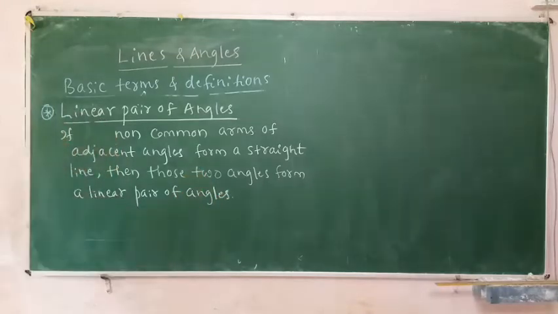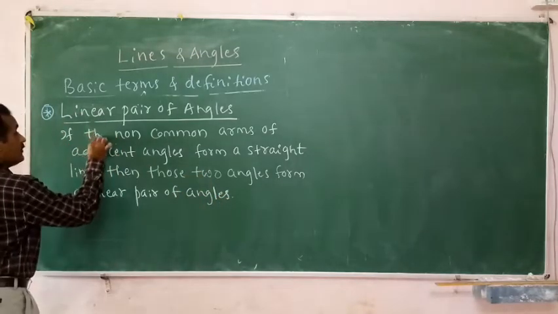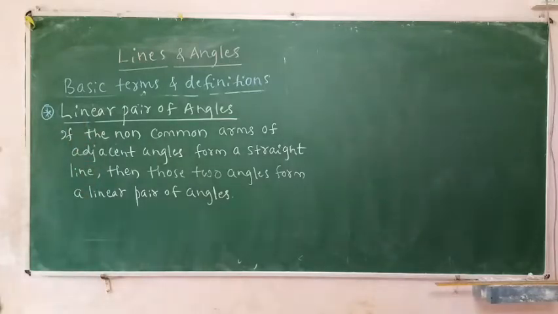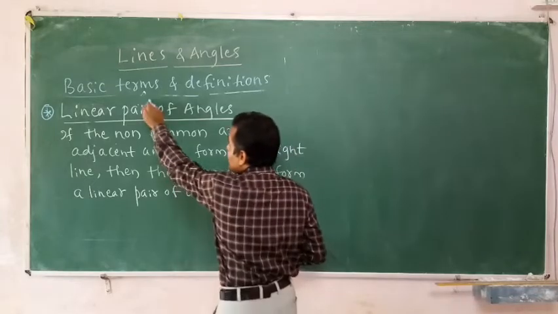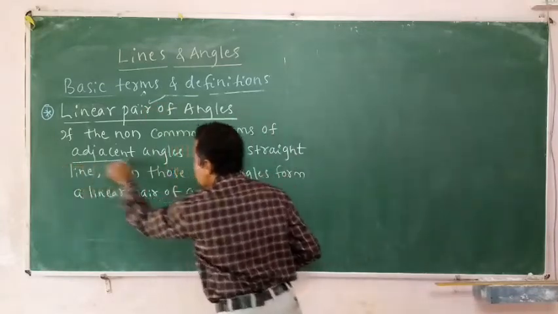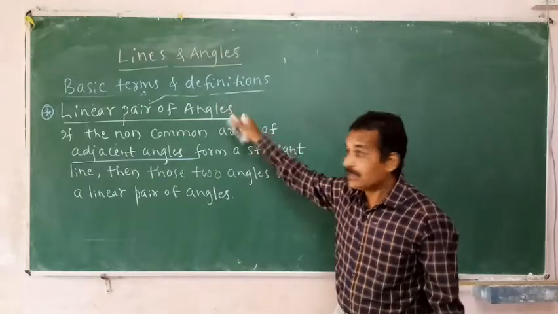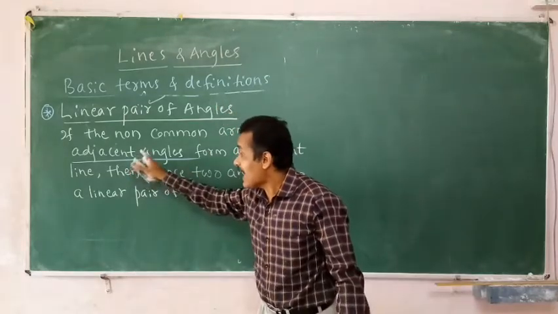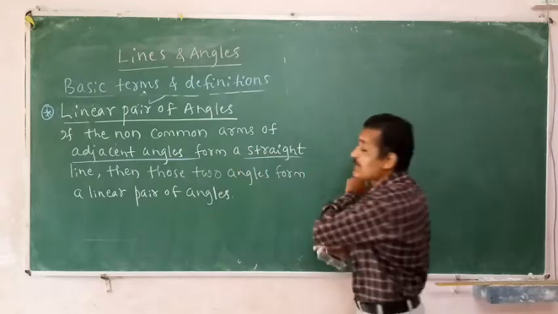What does it mean? To form a linear pair, the angles must be adjacent angles, and the non-common arms must form a straight line.